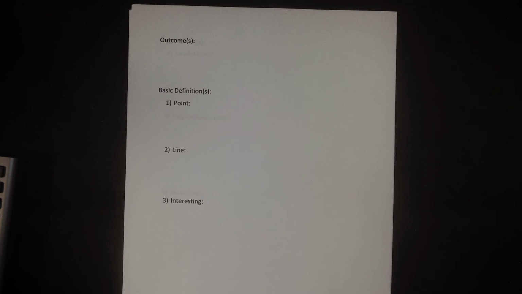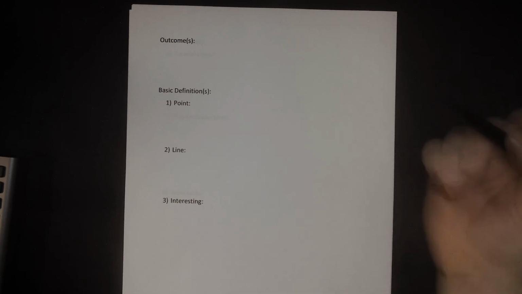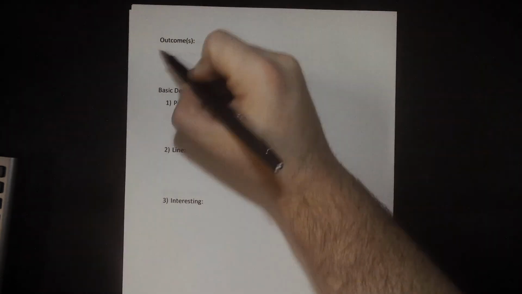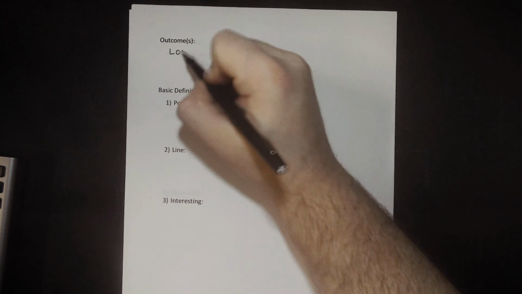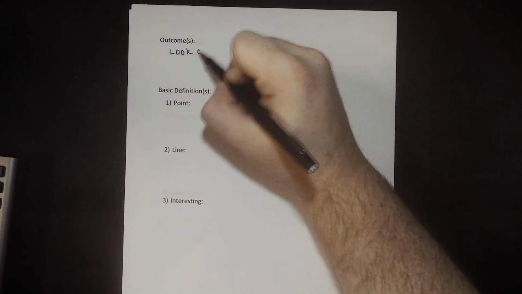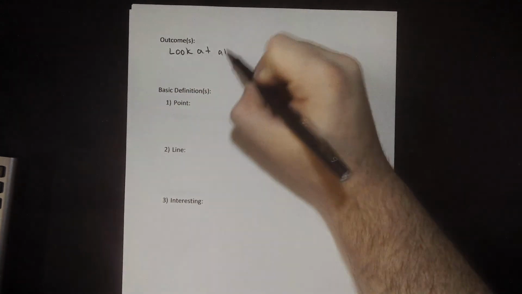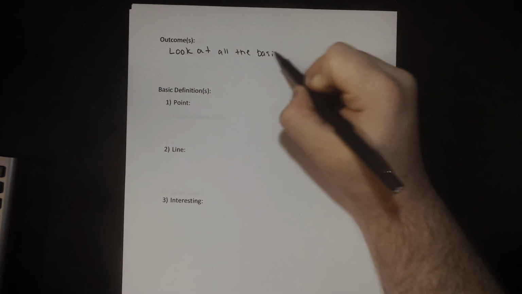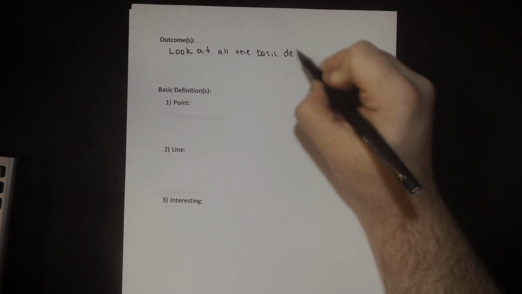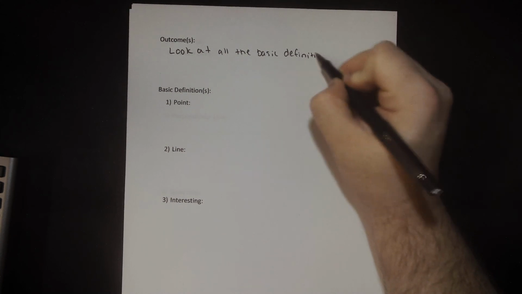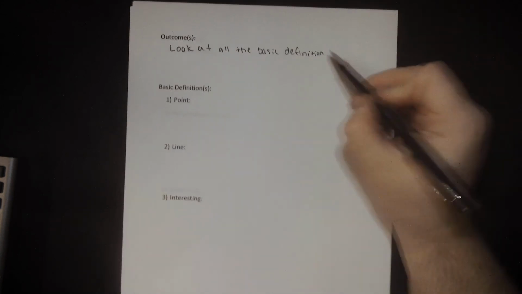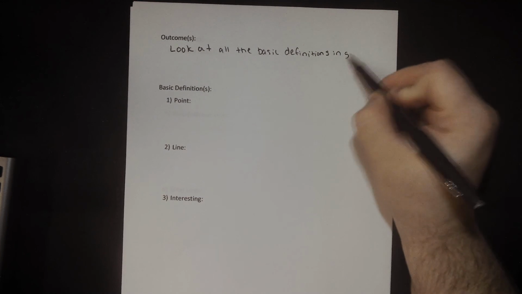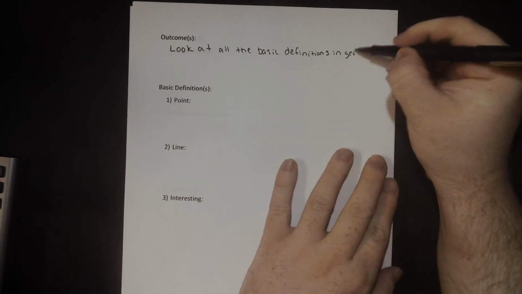So for instance, as an outcome, we're just going to look at all the basic definitions in geometry, just like the ones that are going to start us off.